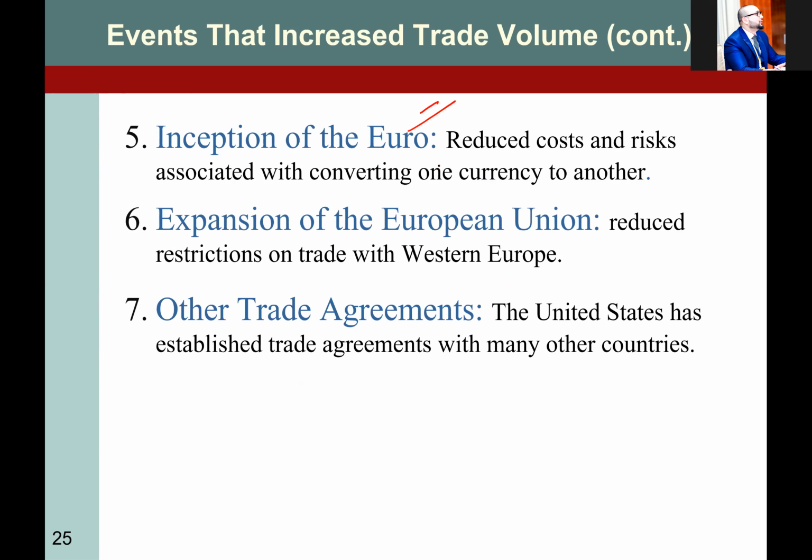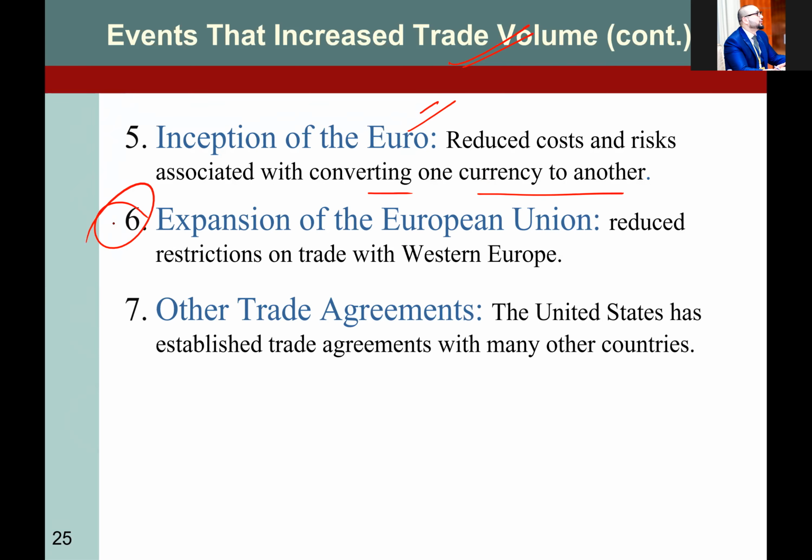So it reduces the cost and risk associated with converting one currency to another. Spain can buy goods from Italy with the same euro, so the risk of currency exchange is eliminated. In that case, people have more choices to buy raw material or sell goods wherever they find it profitable.